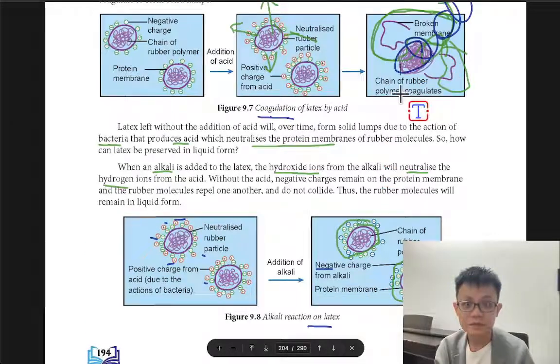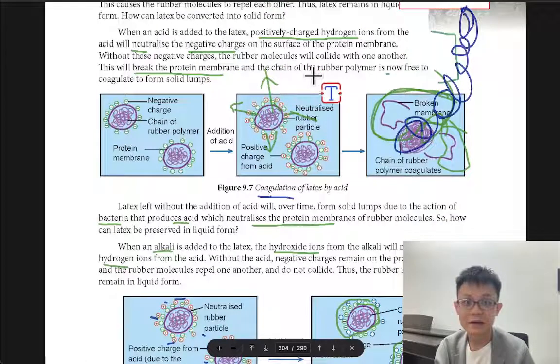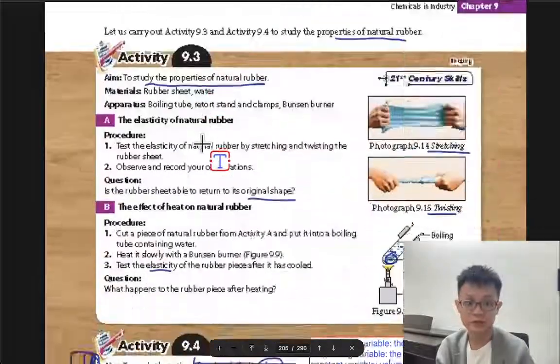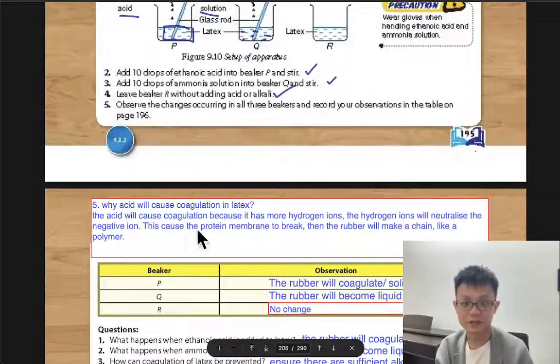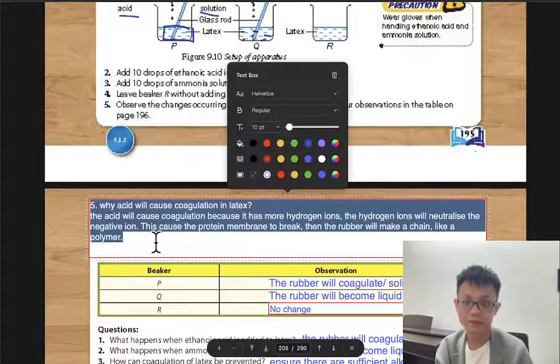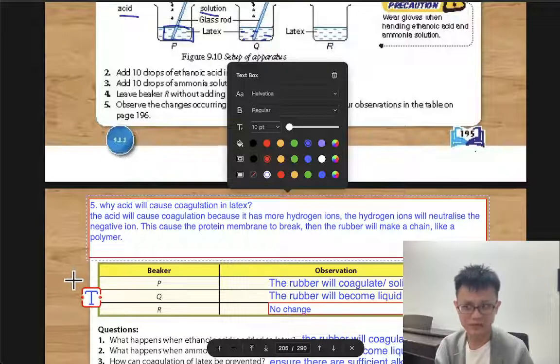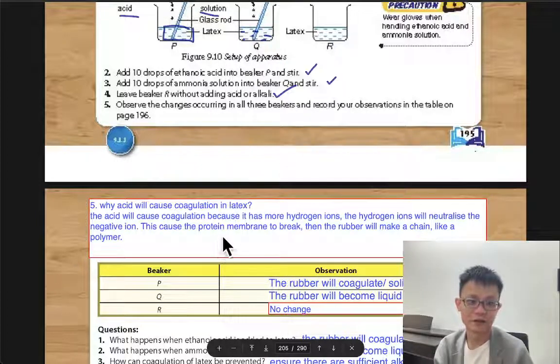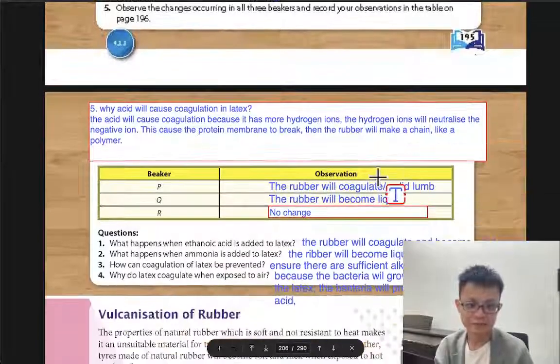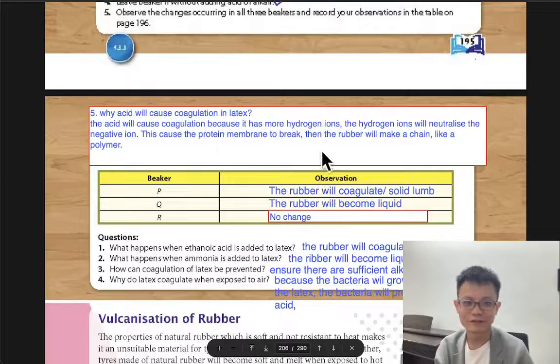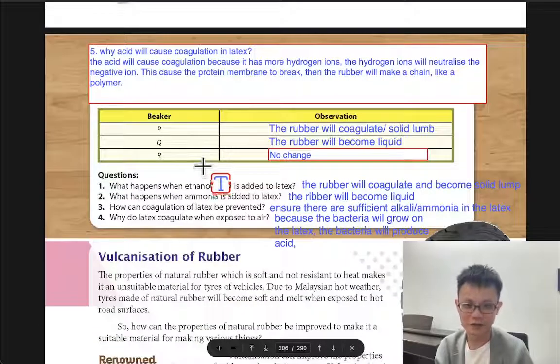This is a more difficult question. If they ask in the exam, it may be 3 marks, depending on whether your teacher is happy with you or wants to test you. The teacher gives you a more difficult question.